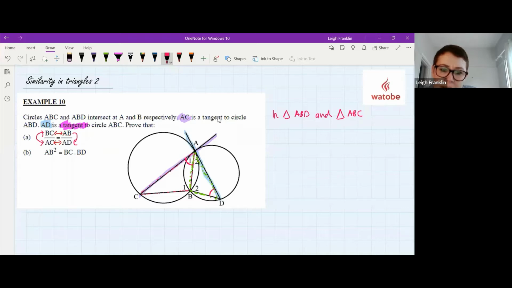All right, so that means that it's equal to D. So the first thing that I know is that angle A1 in triangle ABC is equal to angle D in triangle ABD. And my reason here is tan chord theorem.